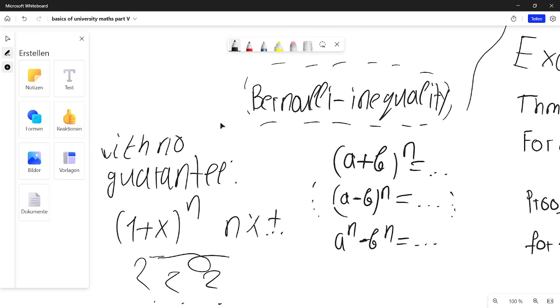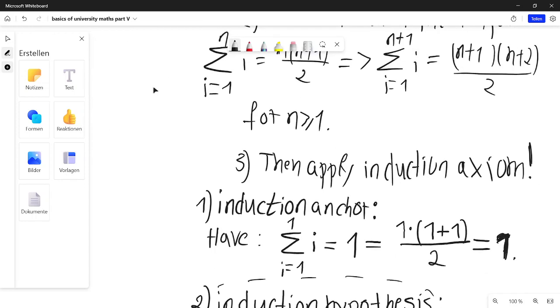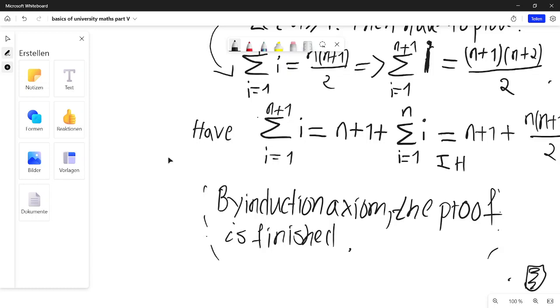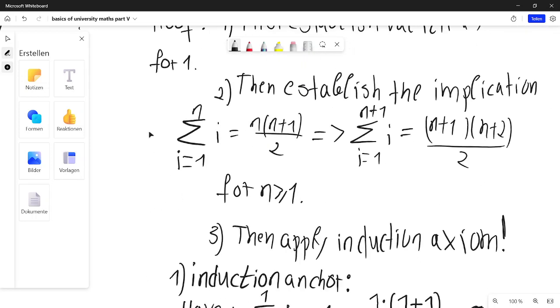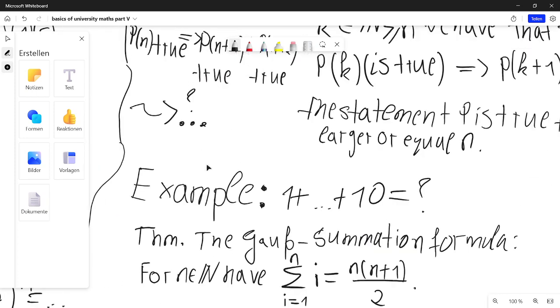But yeah, so there are different things that can be proved by induction. And this is kind of the first time you actively get to interact yourself with mathematical technical formalism.